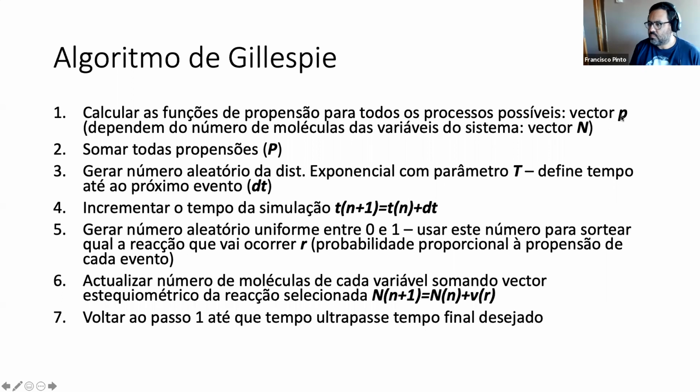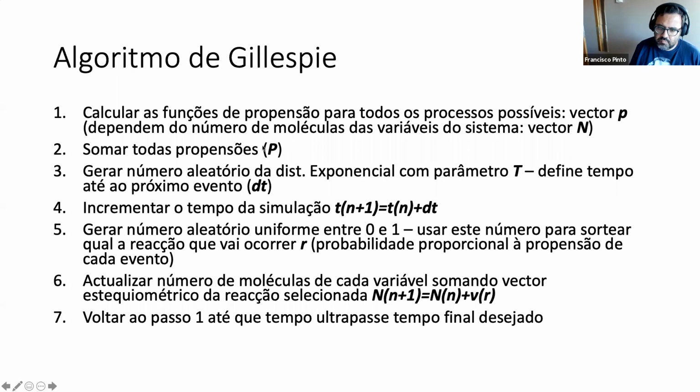So P is computed as a function of n and also given the parameters of the model. After you have the vector P computed with the present state of the system, that is the vector n, you can sum all the propensity values. And by summing all the propensity values, you get a major P.